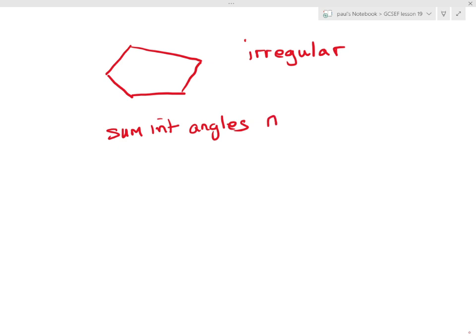You take the number of sides and you subtract 2, and you multiply that by 180. So the number of sides is 5. If I subtract 2, I've got 3. And 3 times 180 is 540, as above. So always.